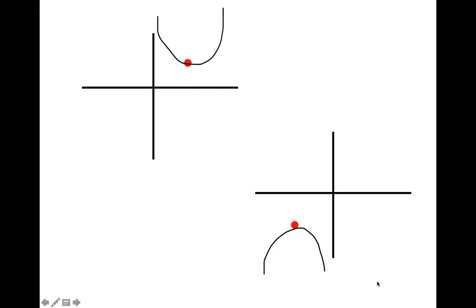One is up on the left, where we have a vertex above the x-axis and the graph opens up. It'll never touch the x-axis. Down on the right-hand side, there's a vertex below the x-axis, and because the graph is opening down, we will not have any x-intercepts. So the answer is the graph will not always have x-intercepts. It can, but it will not always have them.